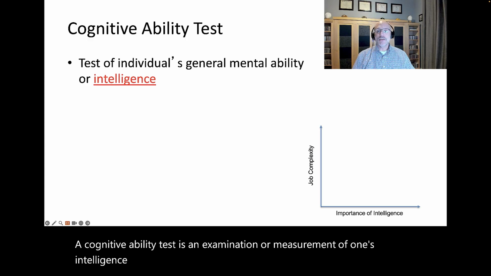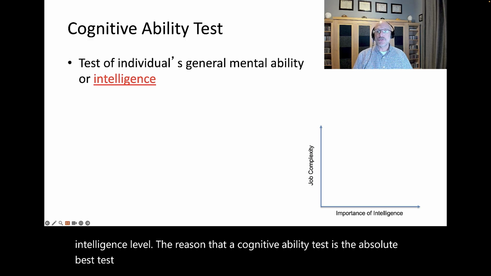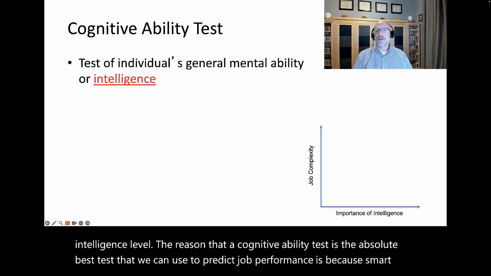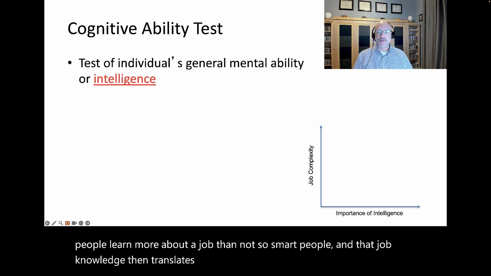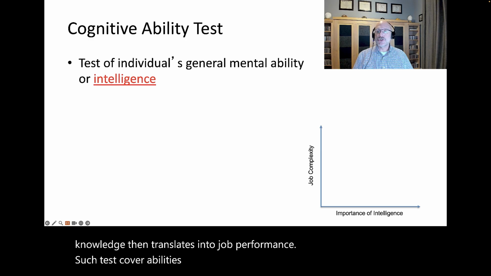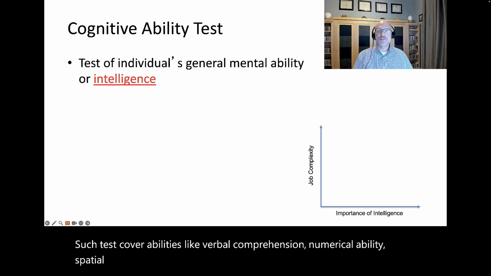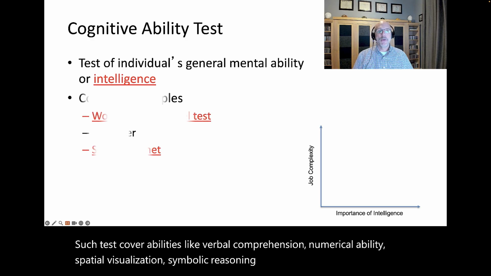The reason that a cognitive ability test is the absolute best test that we can use to predict job performance is because smart people learn more about a job than not so smart people, and that job knowledge then translates into job performance. Such tests cover abilities like verbal comprehension, numerical ability, spatial visualization, symbolic reasoning, etc.